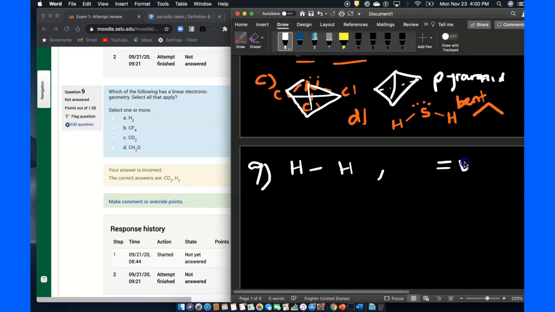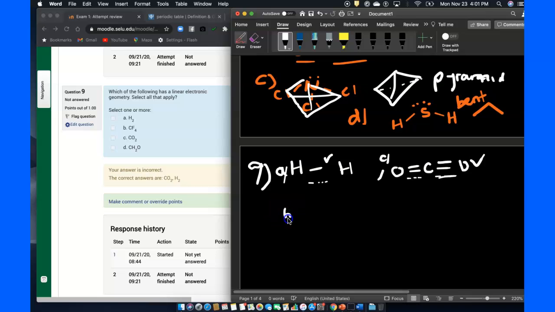CO2 again is a straight line. The bonds are the ones having electrons, and the electrons are in a straight line. Here they have 2 electron domains in a straight line, so that's linear. So A and C are the 2 answers that you will select.